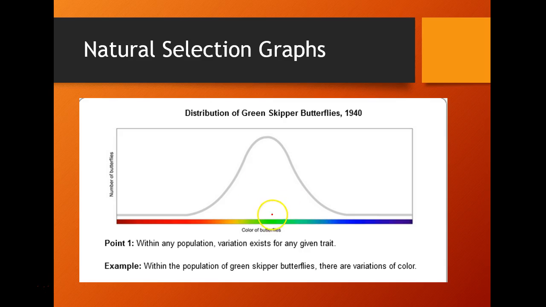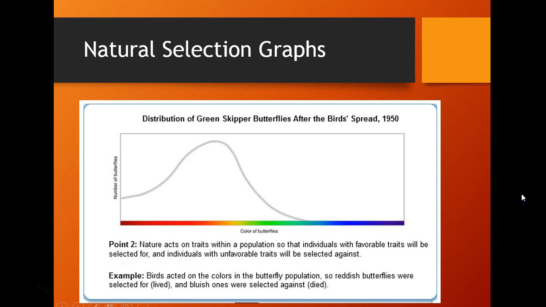So here, this is the beginning. Remember, we have lots of green here, very little blue and very little red. This is what it looked like in the beginning. But as those birds were introduced, remember, they're targeting this blue region.